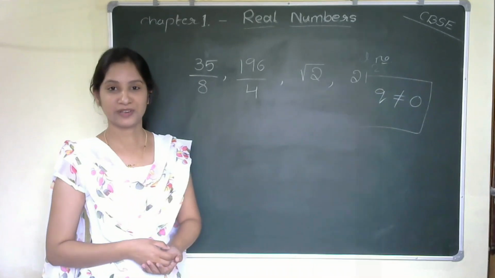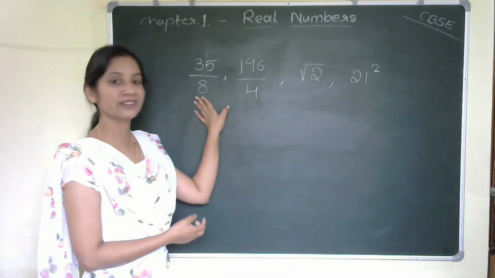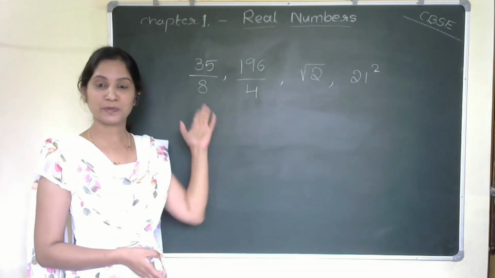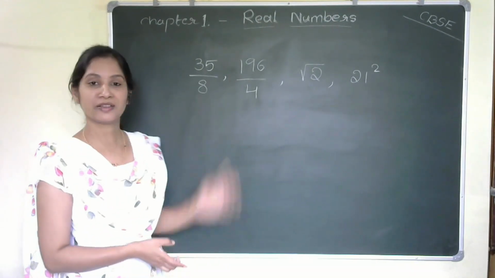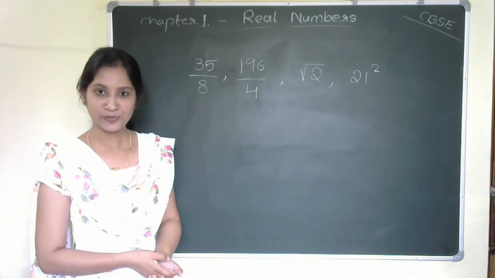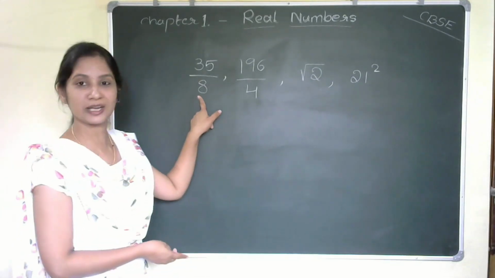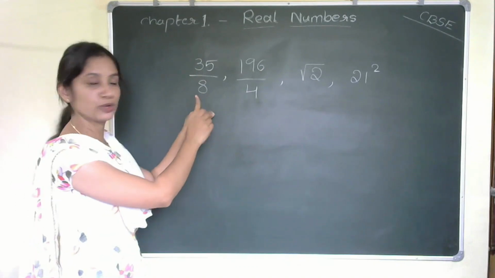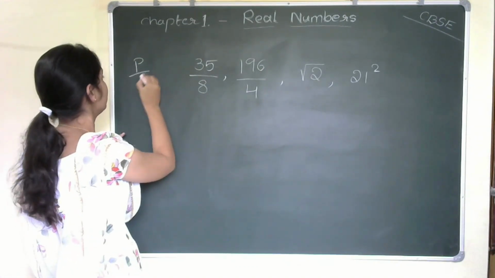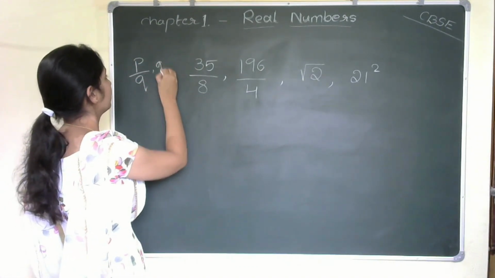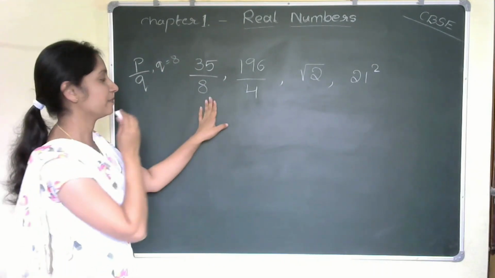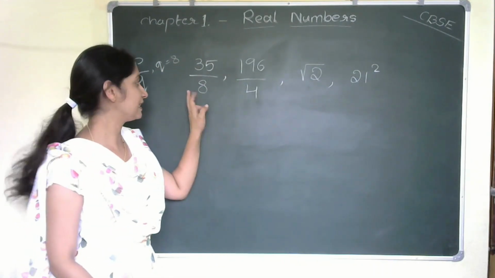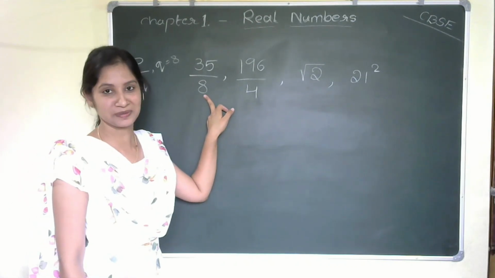Here are 4 different examples. We will start with the first one, that is 35 by 8. You are observing this number is in the form p by q, where q is not equal to 0. Here q is equal to 8. So it is satisfying the condition, and we can say this is a rational number.